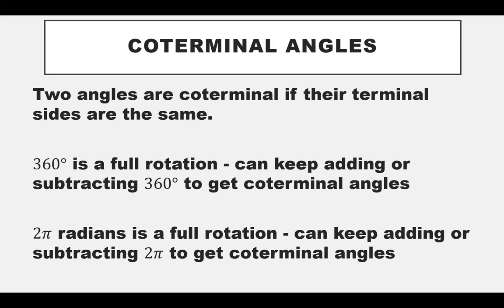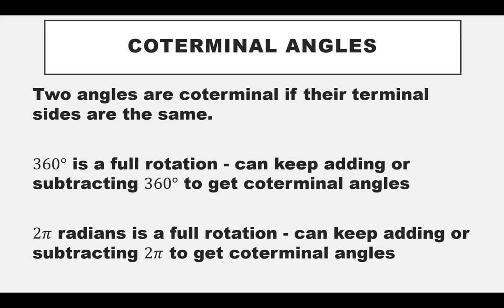So keep adding 360 over and over again. Keep subtracting 360 over and over again. Keep adding 2 pi over and over again. Keep subtracting 2 pi over and over again. Will give you lots of different coterminal angles.